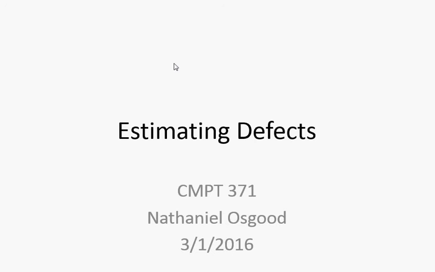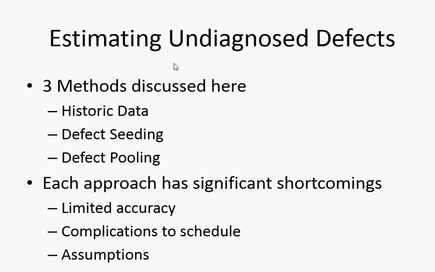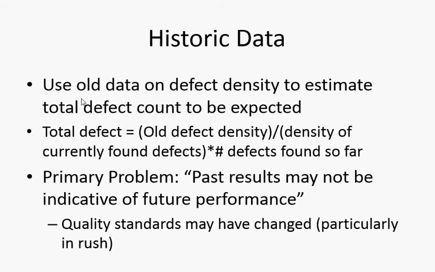So you could start with code that you've already tested. You have some number of defects per 1,000 lines of code, and you say, okay, how much code do we have further? Now, it's a great idea, and this is called using historic data. This is one of 3 methods we'll be talking about.